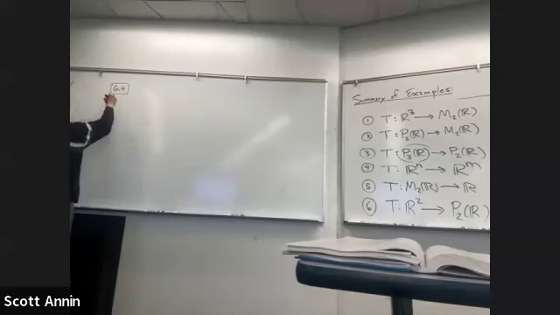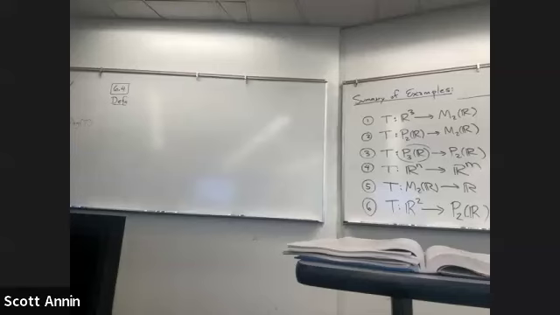6.4, the last section. I have a few definitions here that I want to spell out, and then we'll go back to our table and our examples and look at this a little bit more.